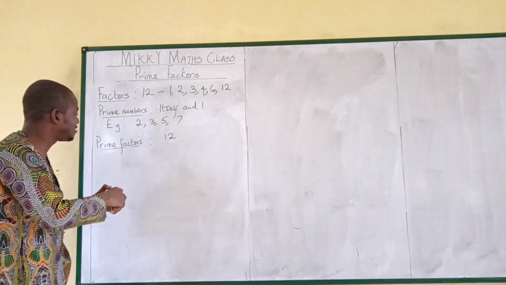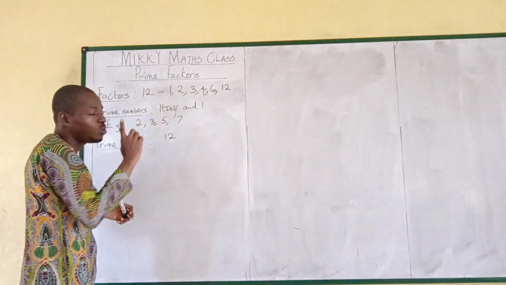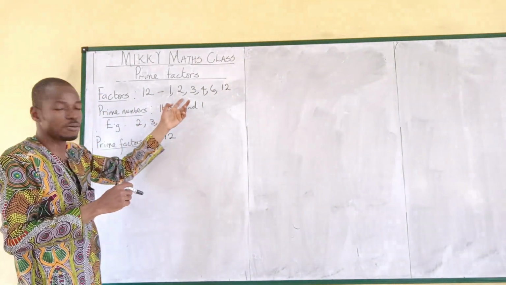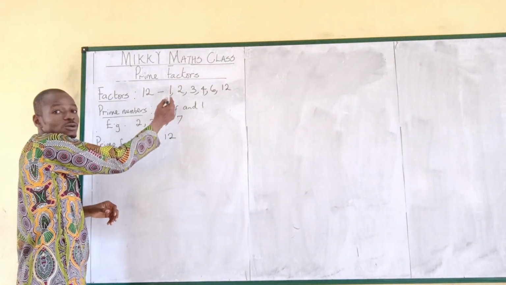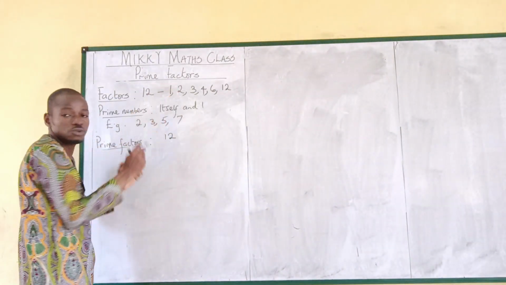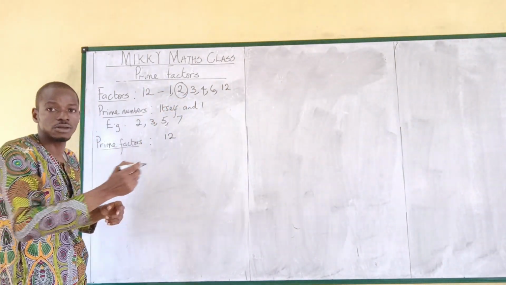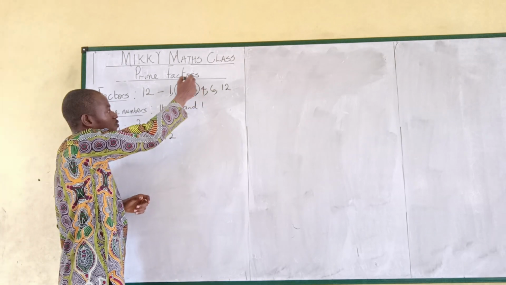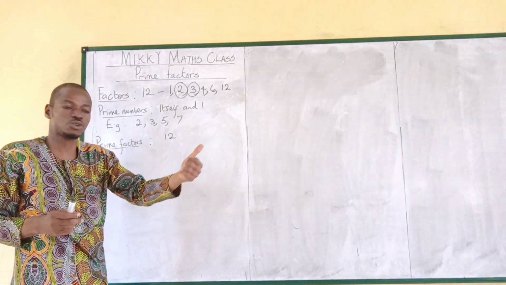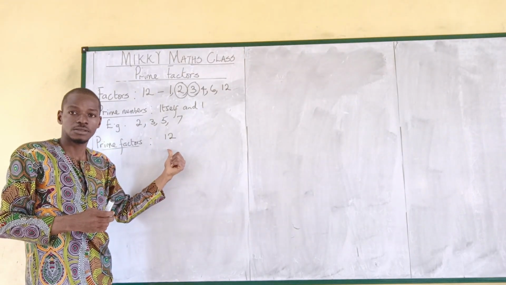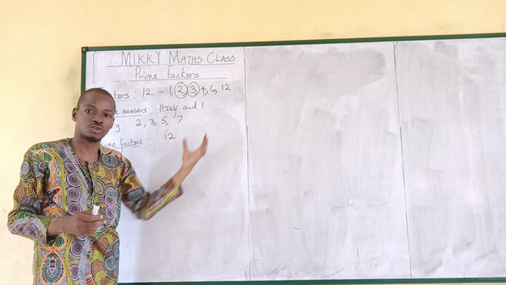Now, when you say list the prime factors of 12, amongst these factors, which of them is a prime number? We have reached a conclusion that 1 is not a prime number, so we do not choose it. 2 is a prime number, so we separate it out. 3 is a prime number also. That means 2 and 3 are prime factors of 12. The other numbers don't qualify to be prime factors of 12.